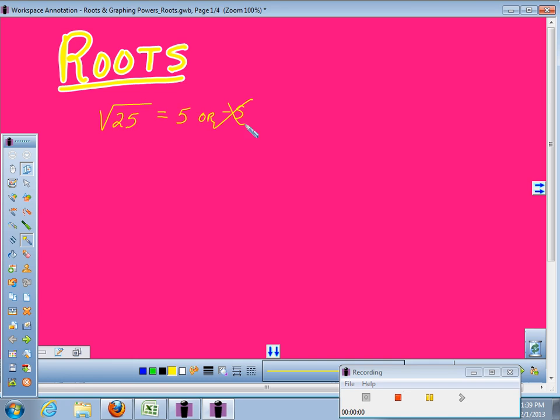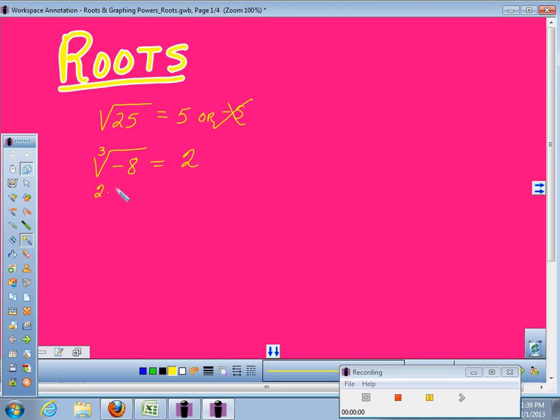And what if I asked you for the cube root of negative 8? What does that mean when they put a 3 up there? What number multiplied 3 times by itself makes negative 8? Negative 2.